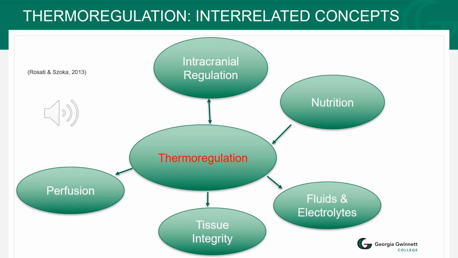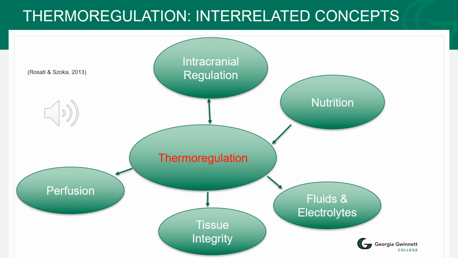So as we're learning conceptually, I want you to always finish your reading or your research on the concept and think about what other concepts relate to the one I'm learning on. So thermoregulation is the concept we've been discussing in this presentation.